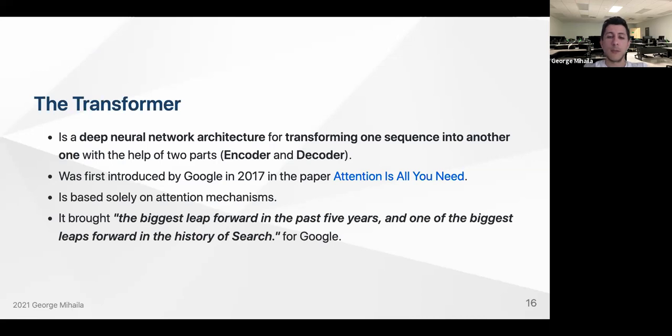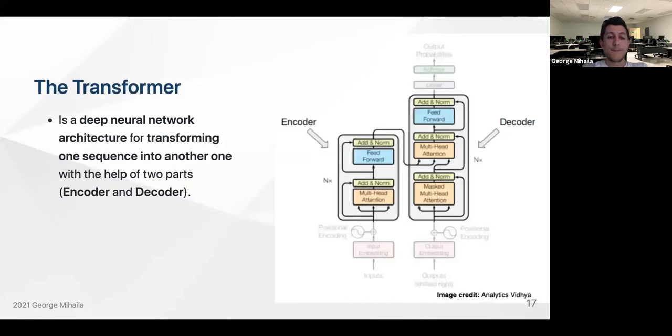Transformers are a huge breakthrough in natural language processing. And actually, when Google started using BERT, which is an encoder transformer model, it gained huge performance. So it's definitely something to consider and something really important. Like I mentioned before, the transformer is basically transforming one sequence into another.